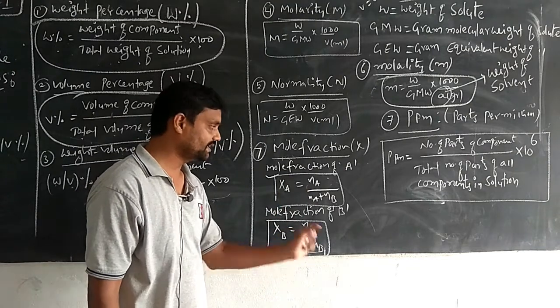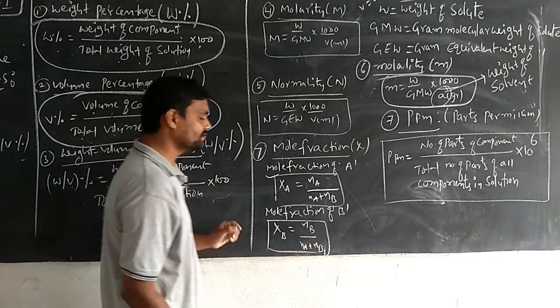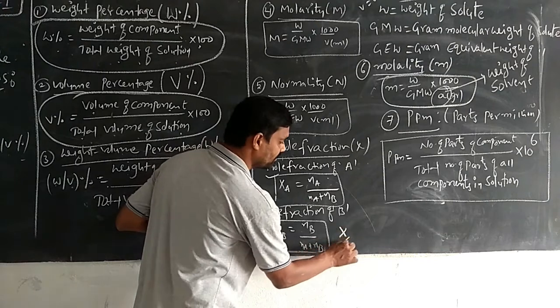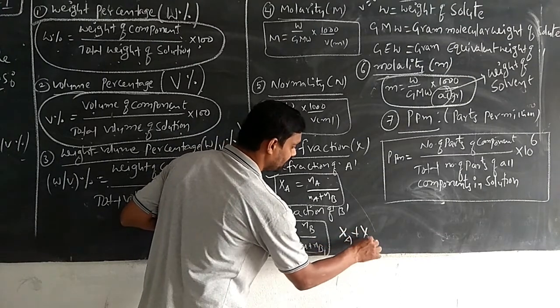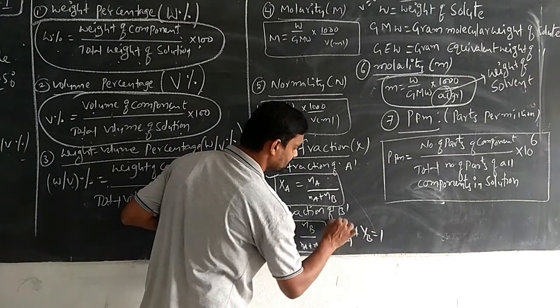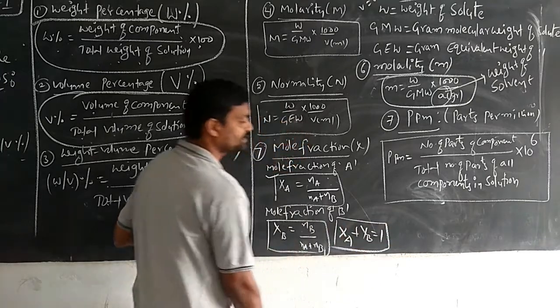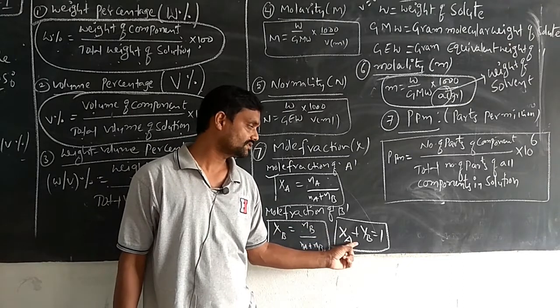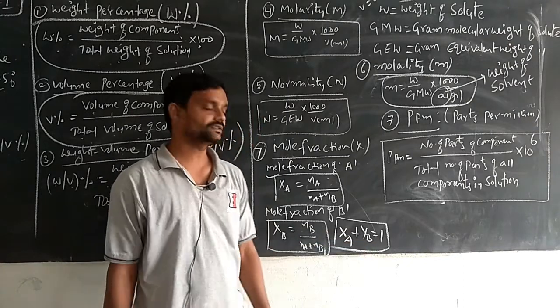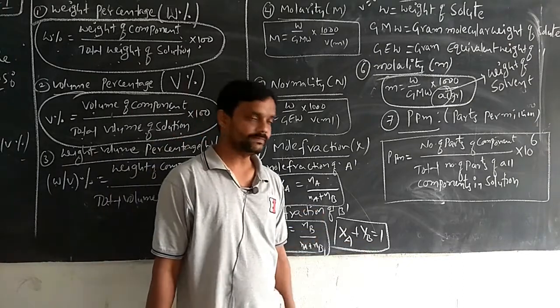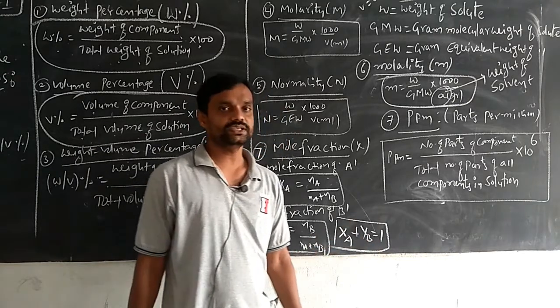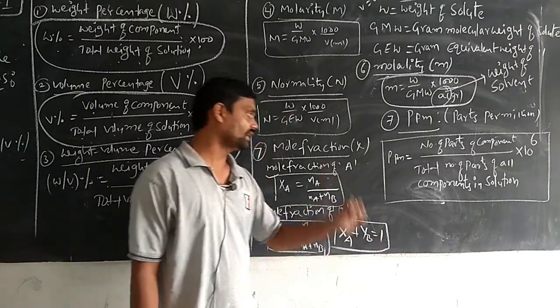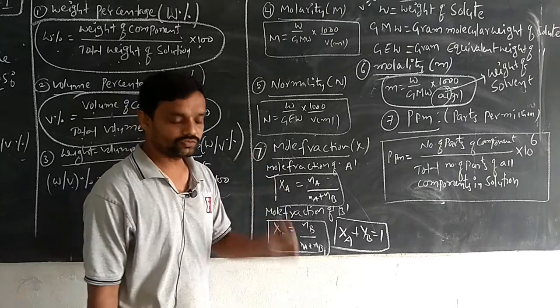In the solution, the sum of the mole fractions of all components is equal to 1. That means mole fraction of A plus mole fraction of B is equal to 1. So this is about the mole fraction.